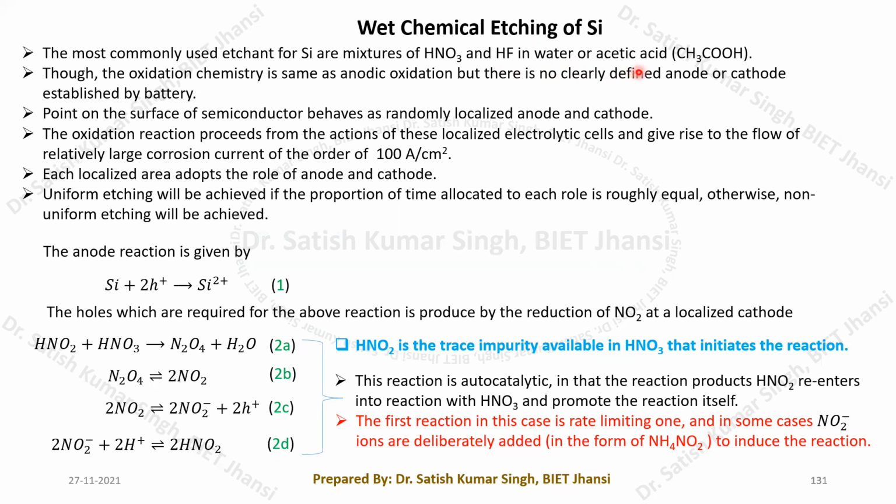Either water or acetic acid can be used for controlling the concentration of these two chemicals, and thereby control the etch rate. So dilution can be performed by adding water or acetic acid.